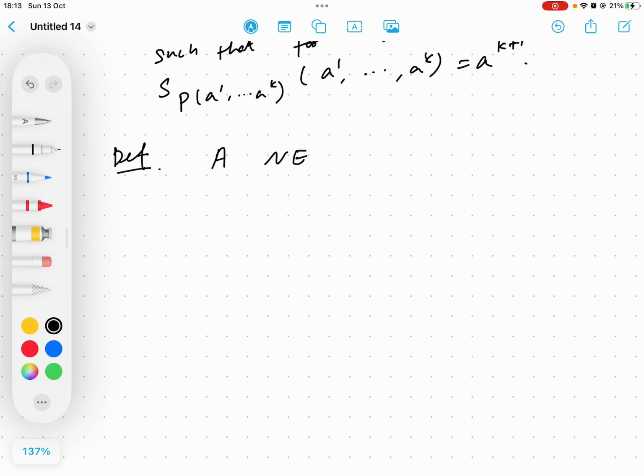So a Nash equilibrium of an extensive game with perfect information.